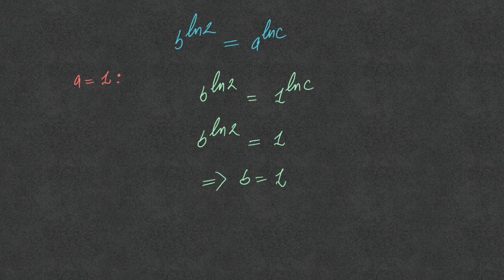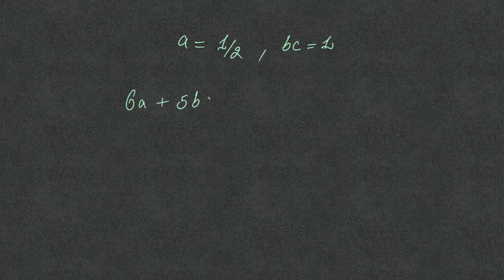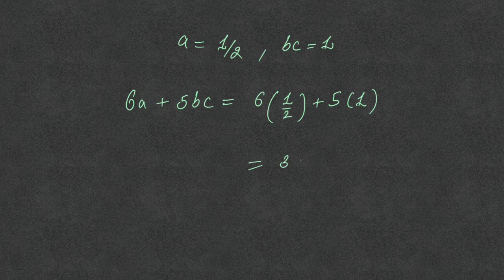So a cannot be equal to 1. So the only possible value of a is 1 by 2, and from earlier we found that bc is equal to 1. So 6a plus 5bc becomes 6 times half plus 5 times 1, which is equal to 3 plus 5, which becomes 8.